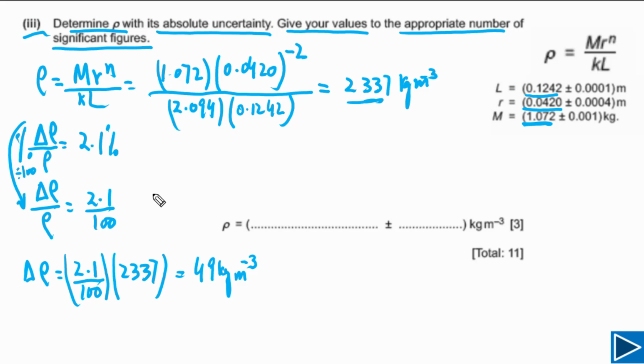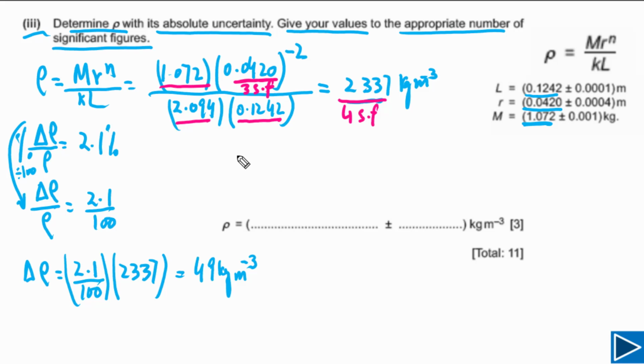Next part, we need to write down this density with absolute uncertainty. If you look at these quantities, this one has 3 SF, this one has 4 SF, this has 4 SF, this one also has 4 SF. So this quantity has the least number of significant figures.